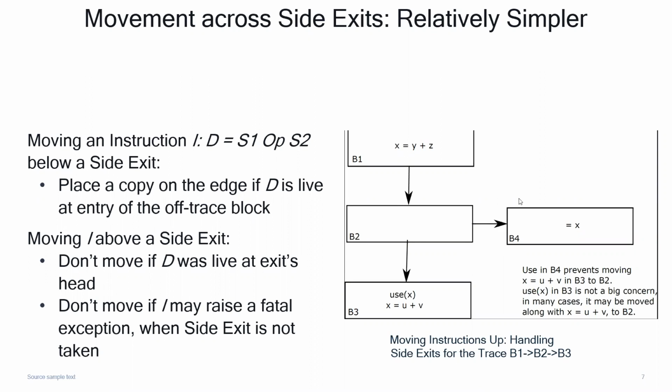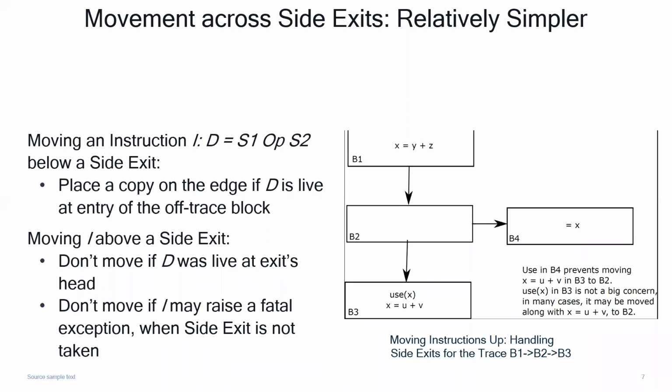The point that I wanted to make is that moving across side entries is difficult. Moving across side exits is relatively easier, because if we have to move above or below a side entry, then we have to insert some instructions.